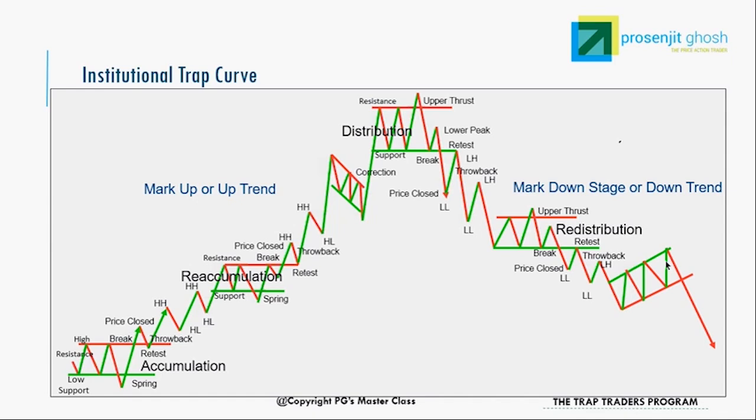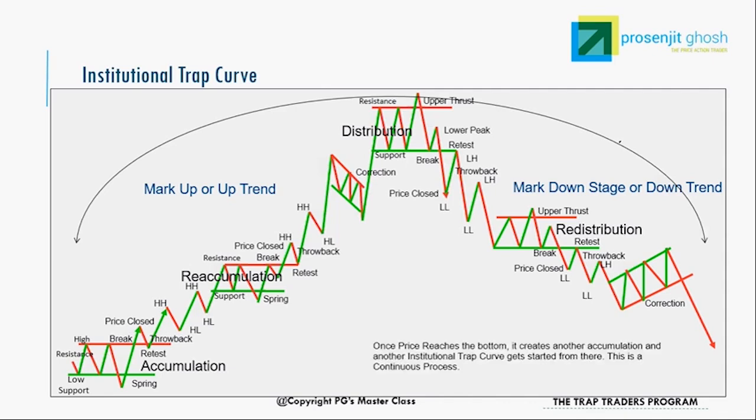Okay, so what happens? An ascending channel forms, and the same way it is bearish and price falls down. And in the institutional trap curve, we call it correction. Okay, we call it correction. So this is our curve. This is our curve. This is how the price moves in the chart.